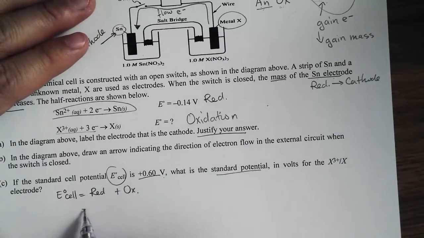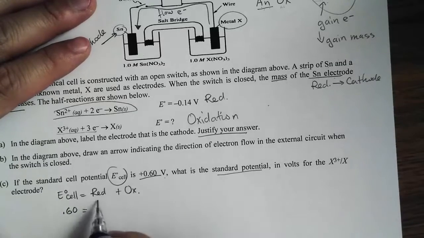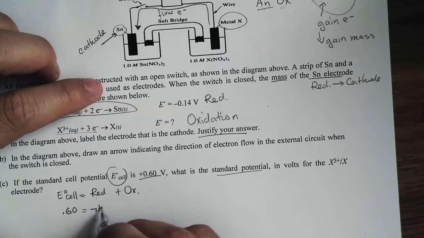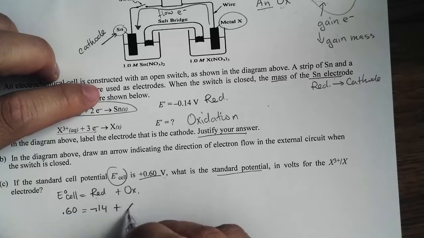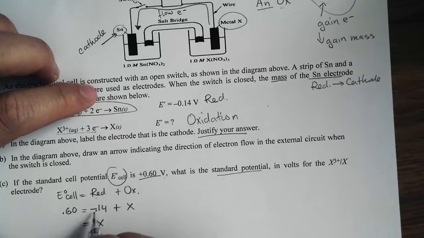We know the E cell is equal to 0.60, and we also know the reduction is Sn, which is negative 0.14, plus oxidation, which in this case is going to be X, because we don't know. Can we solve for X? Of course. X is equal to, we bring this over, plus 0.74.